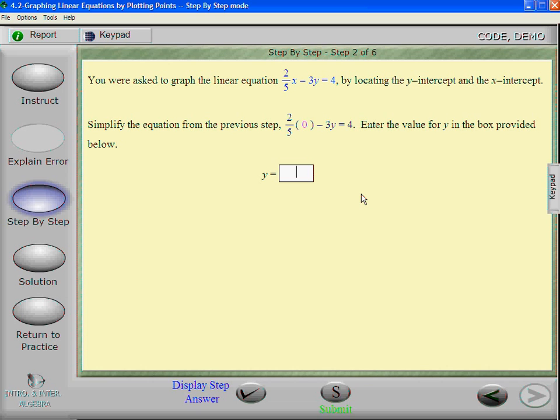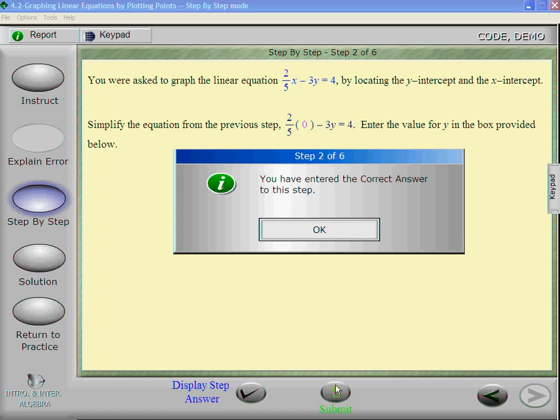Well, you have to do the work out. I can't write it out for you on here, but what I see is that you'll end up with negative 3y equals 4, because the 0 part goes away. Divide both sides by negative 3. You're going to get negative 4/3 as the result for this step.